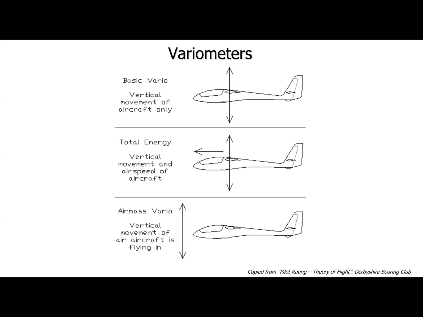So a basic vario in both instances will tell me, oh, you're going up, good thing. Whereas a total energy vario will be able to tell the difference, because it'll notice with my pendulum effect that I've increased my speed, and although I am rising, you're not really getting the net gain at all. Or maybe you decrease your speed, I can't remember. But anyway, it'll tell you the difference between those two scenarios.